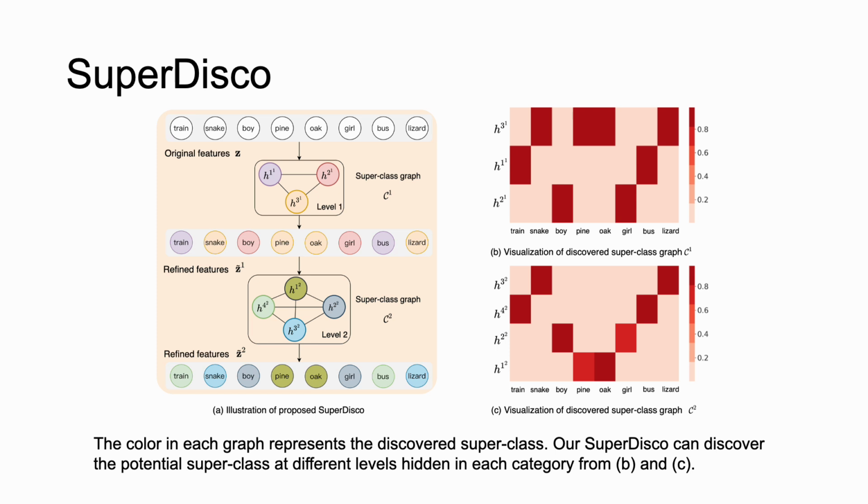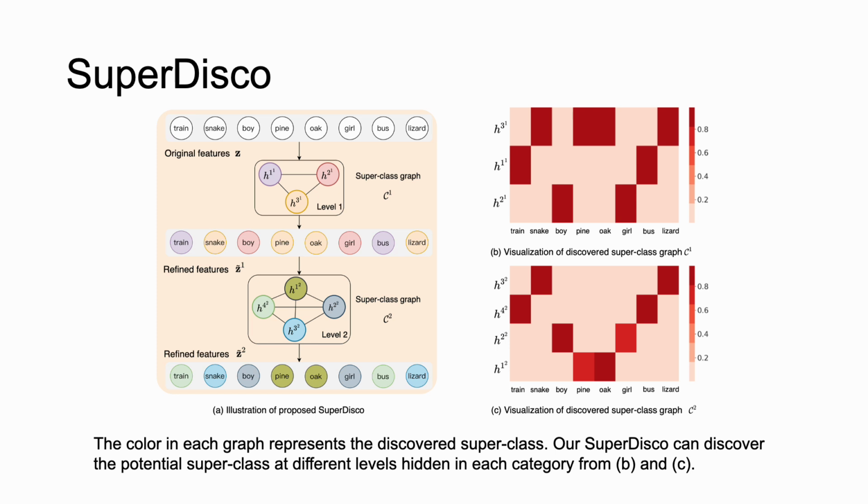From the superclass graph C1, we can categorize the train and bus in the same superclass. Then we input the refined feature C1 to another level superclass graph C2, and we then get another refined feature C2, which is in a more balanced space.